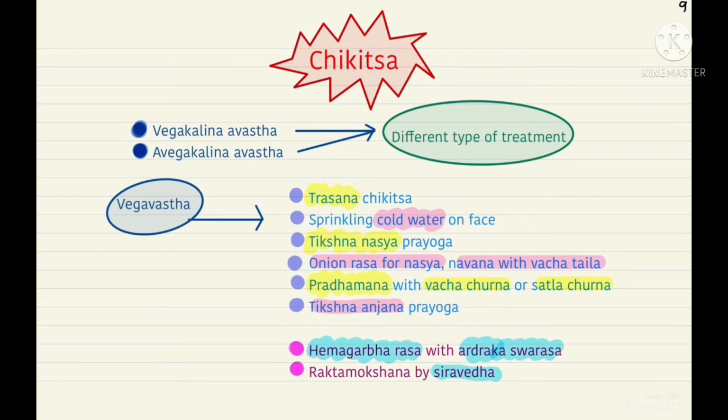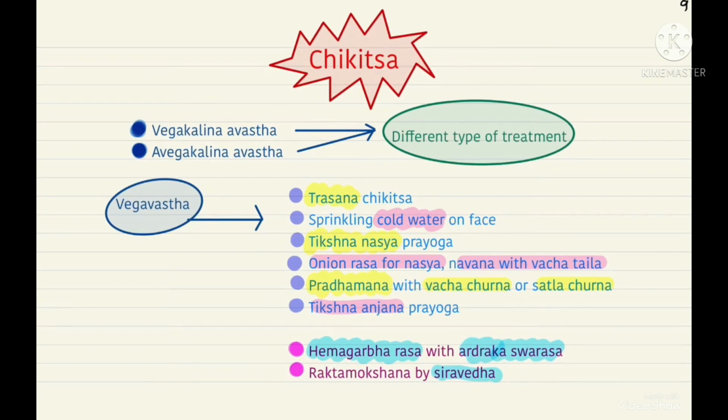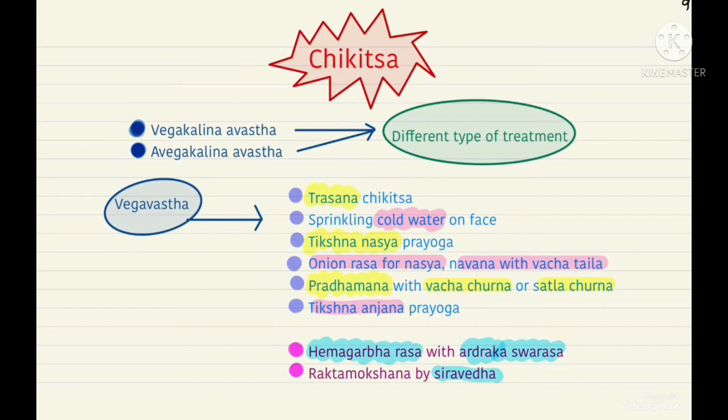In the Vega Avastha, when the convulsion is actually going on, at that time the treatment protocol should be Trasana Chikitsa. Then there should be sprinkling of cold water on face. Then there should be Tikshna Nasya Prayog. The Nasya that is performed is to be done with Tikshna Dravya. Then onion ras or Palandu ras should be used for Nasya, and Navan should be done with Vacha Taila.